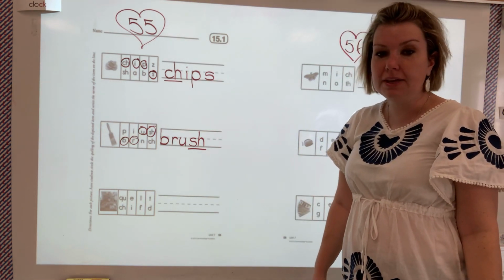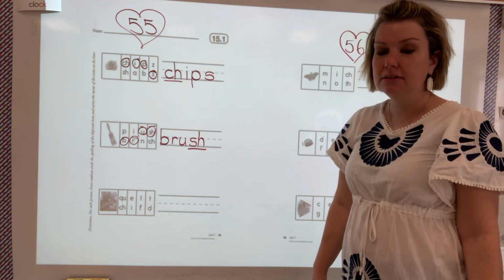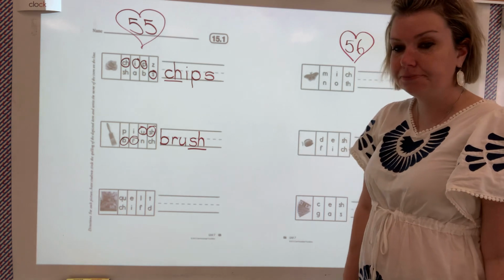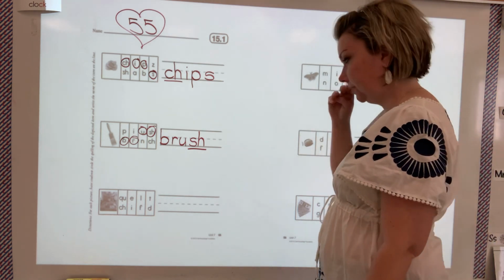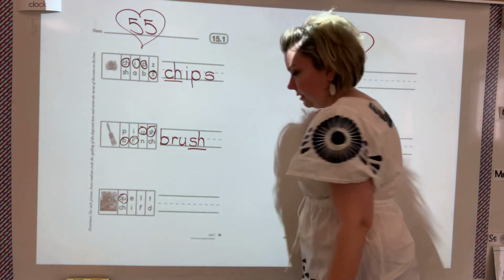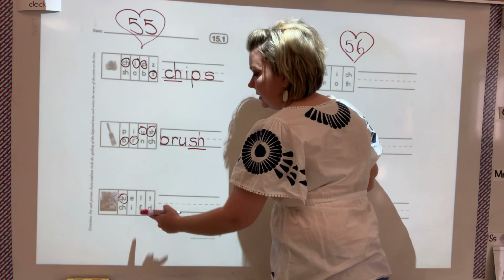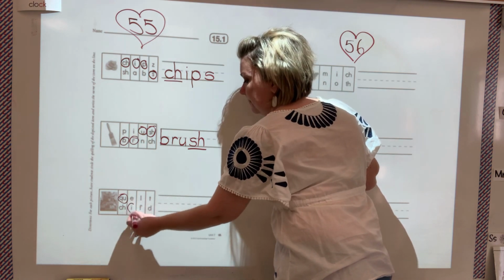Quilt. Thank you, Ari. Who can segment the sounds in quilt for me? Landon? Qu. Ooh, that's hard because I have E and I. Okay.